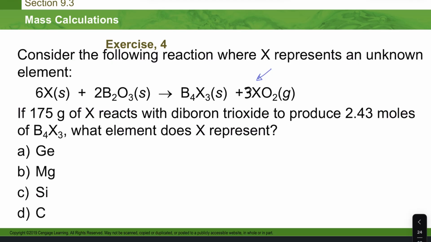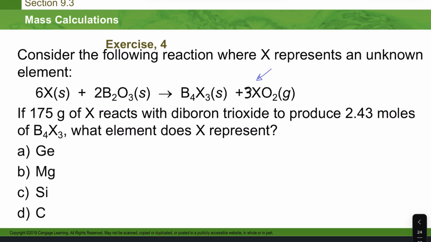Okay, so we have a reaction where X represents an unknown element. It doesn't matter really what it is because, well, we'll figure out what it is momentarily. But let's take a look. 175 grams of X is going to produce 2.43 moles of B4X3.